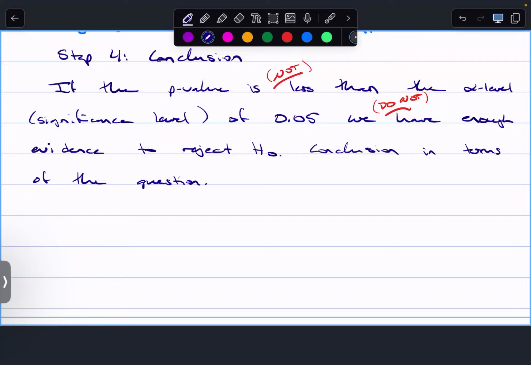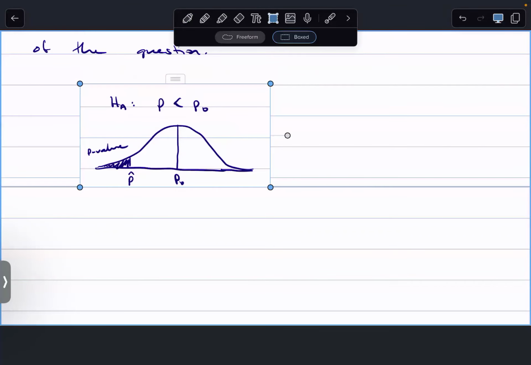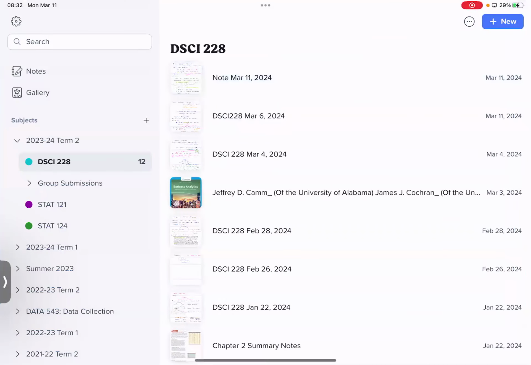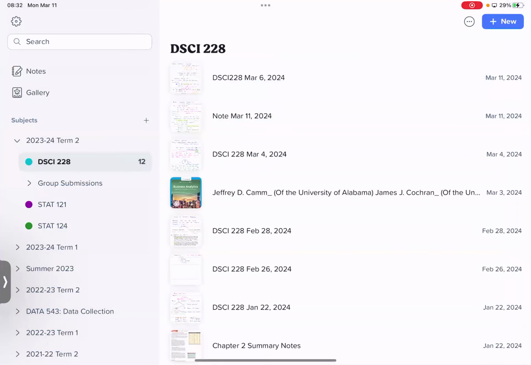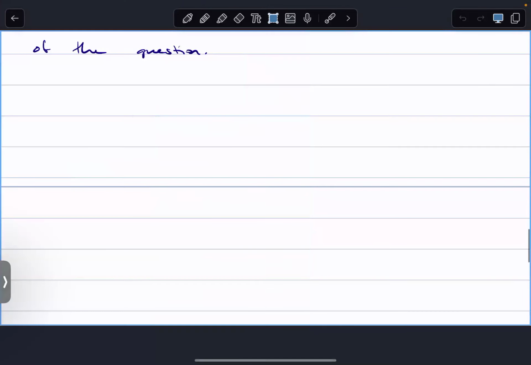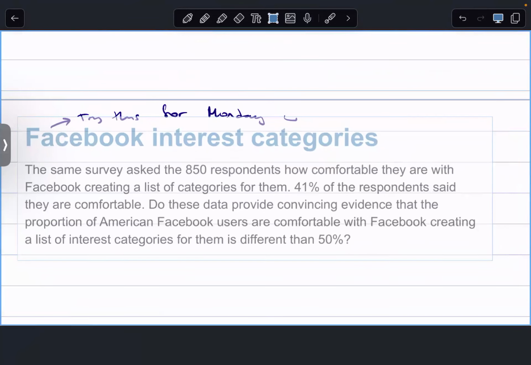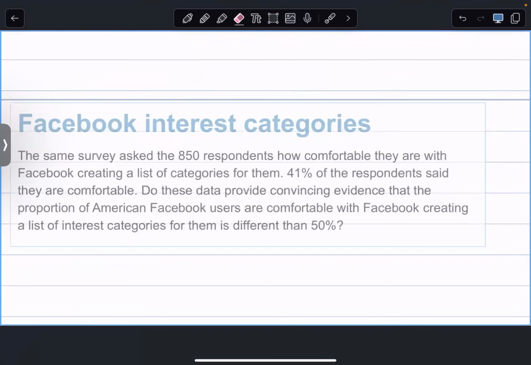So let's do this. Bless you, let's do this thing. Here we go. Oh, I copied over it, didn't I? Where is it? Copy. Come on. Here we are on Monday, trying it.